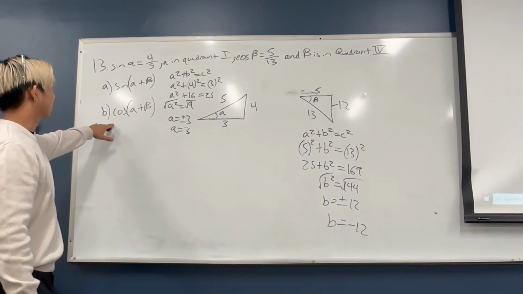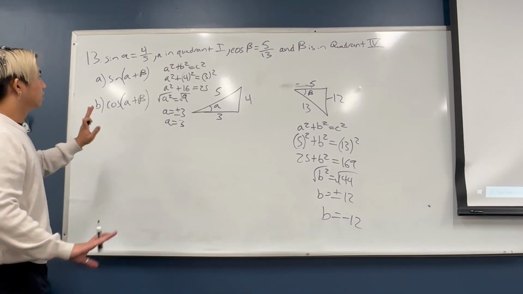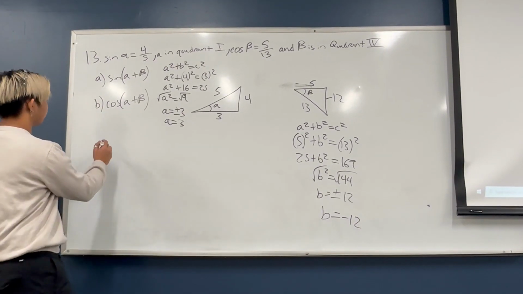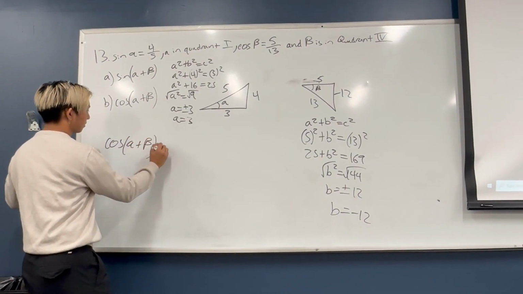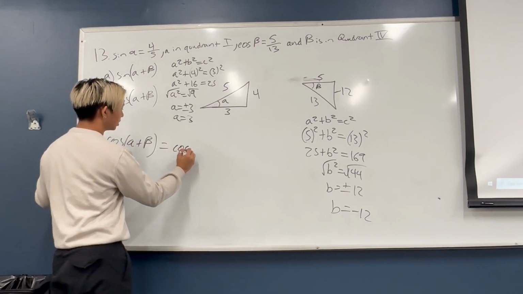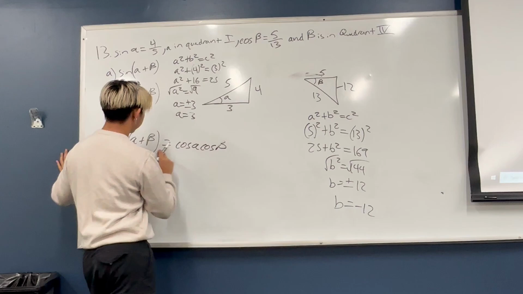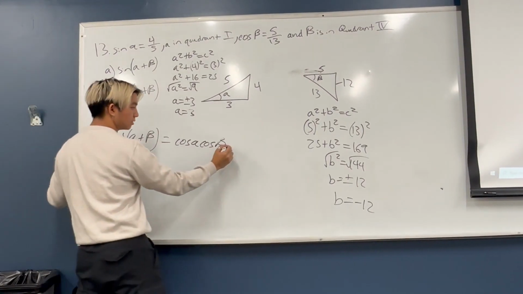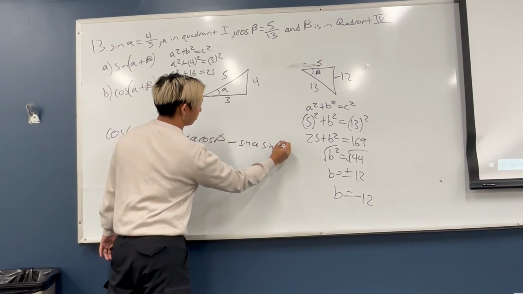So in our second part, we have part B, cosine of alpha plus beta. From the last question, we know that the cosine formula of this is like that, right? So this becomes cosine of A, cosine of beta, and then we have a plus here, so this becomes minus. Minus sine A, sine beta.